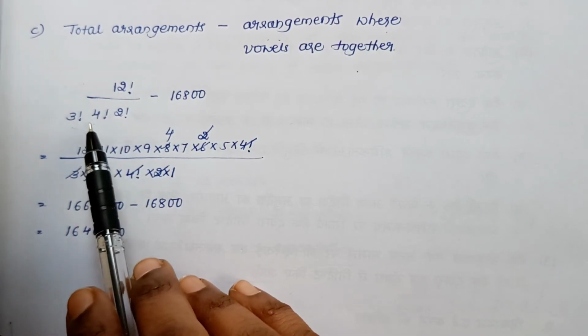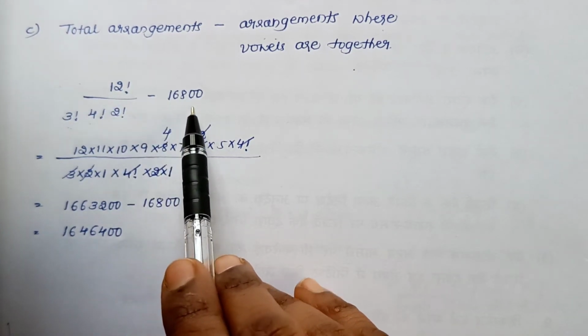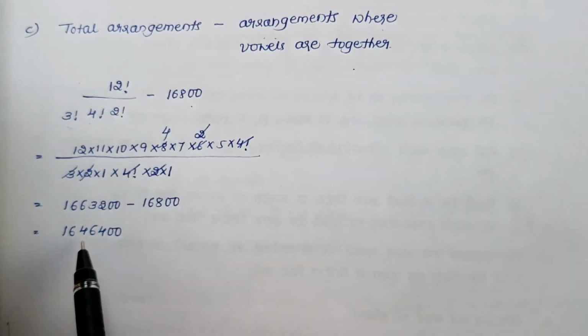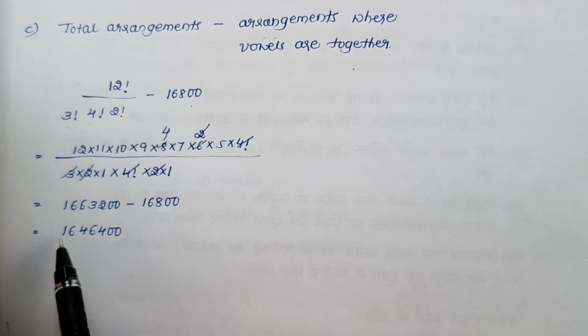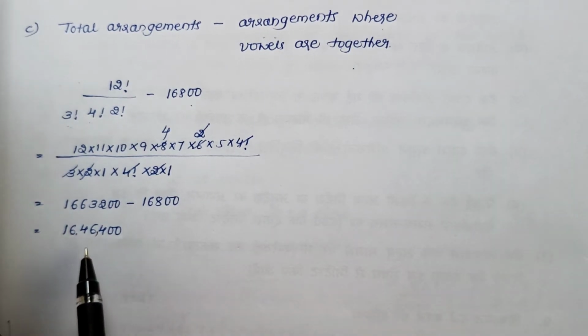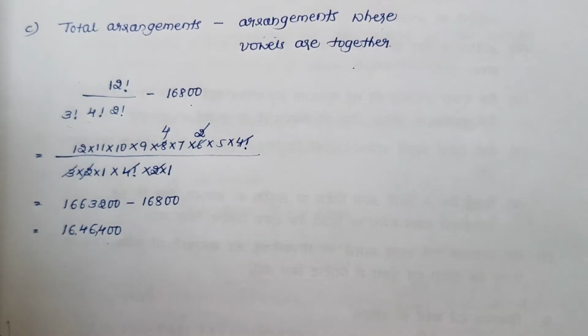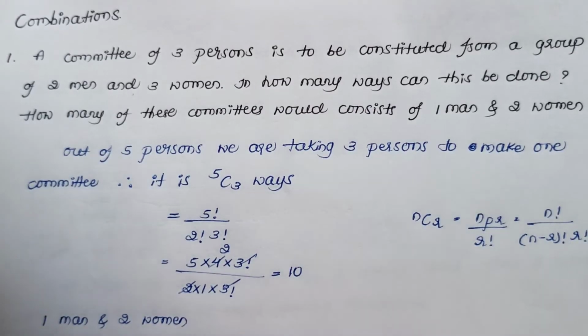Therefore 12 factorial divided by 3 factorial, 4 factorial and 2 factorial, minus 16,800. This gives us 16,46,400 arrangements.